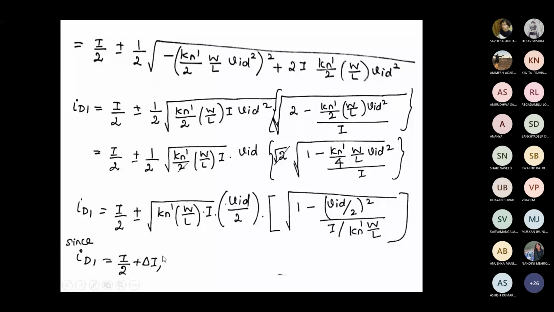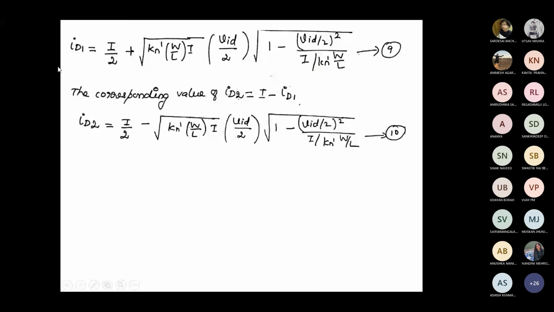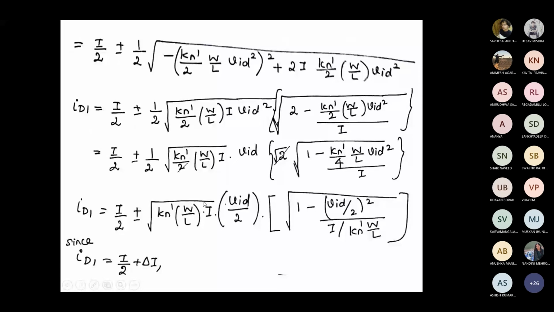At the same time, ID2 will be decremented, because when you add ID1 and ID2, it should be equal to the total current I. So ID1 is incremented, and at the same time ID2 is decremented. We can take ID1 as I by 2 plus this entire term from the previous equation, and ID2 as I by 2 minus this term.